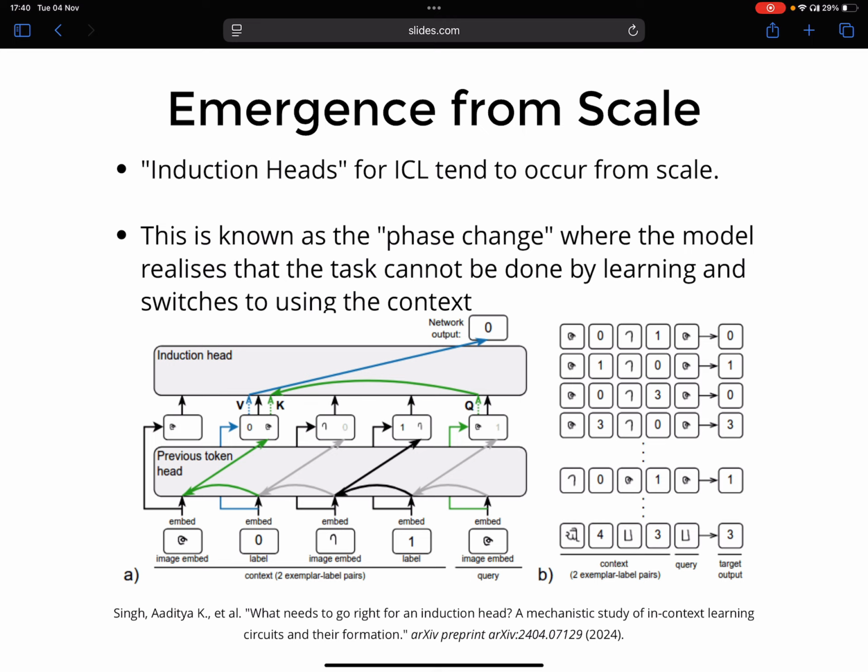Ultimately, the model eventually learns, or realizes, again anthropomorphizing a little bit, that it cannot complete the task it's been assigned based on the information coming in just from the query. So it starts to realize that there needs to be something else it can do using the other context it's given. In this case, it just copies it out immediately.